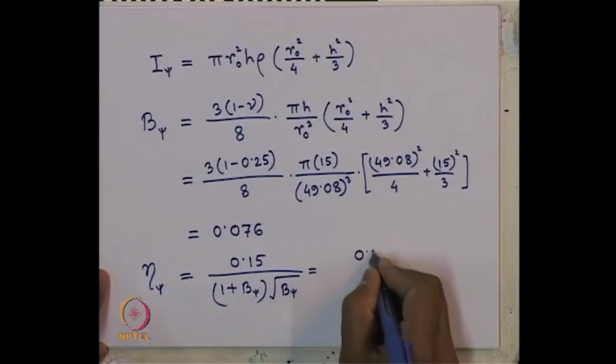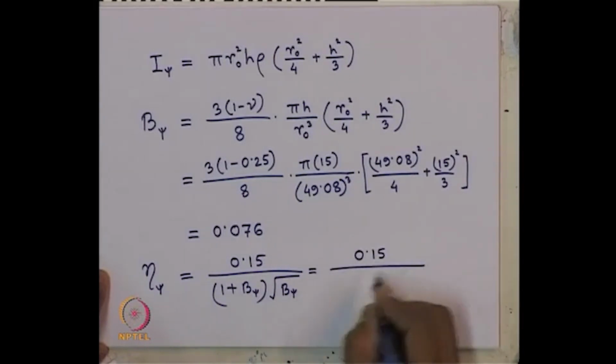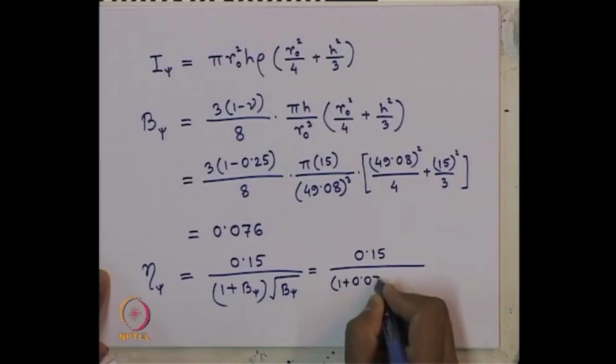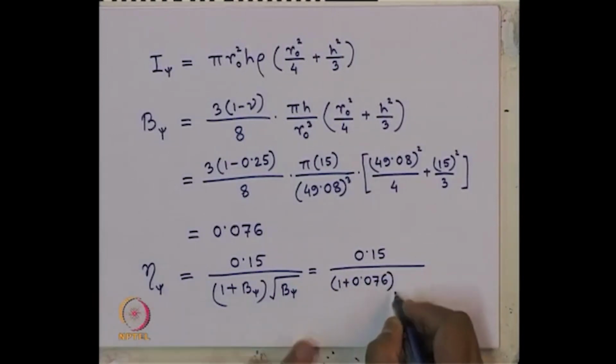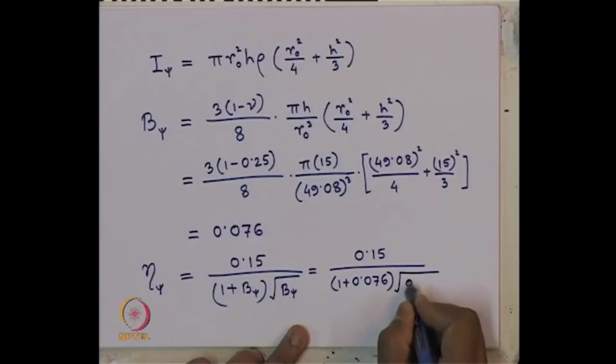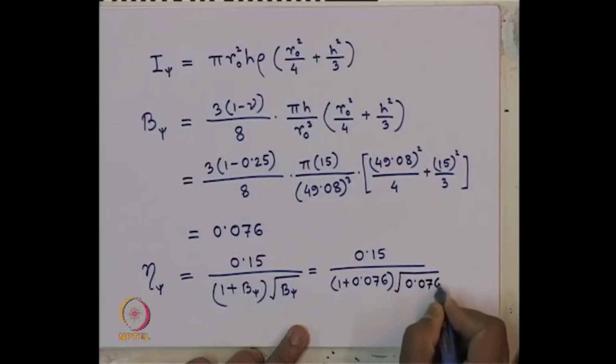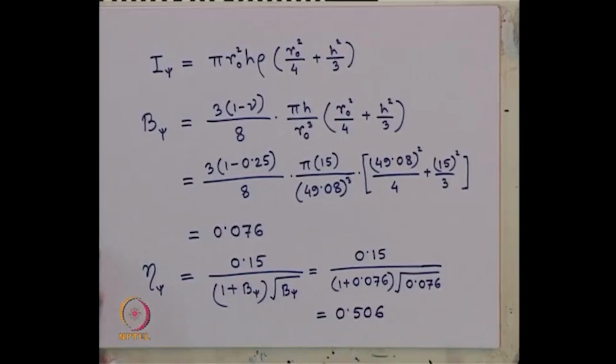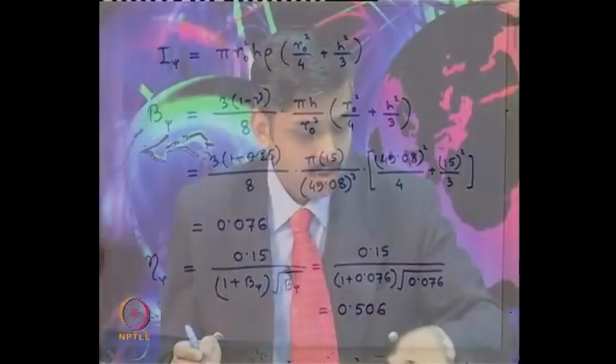So, now let us put the value of B psi, which we have computed just now: 1 plus 0.076 times root over 0.076. How much is it coming? If we calculate it, 0.506, right. So, that is the damping ratio.